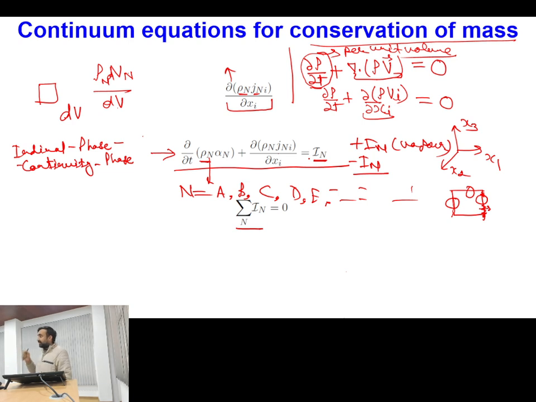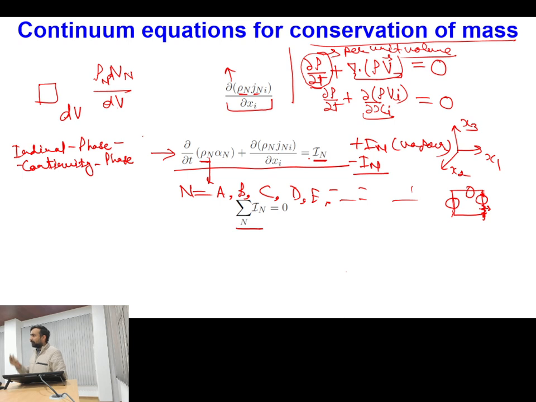Then in that case, this term will be of equal magnitude and negative for the other phase, because in a system of two phases, if one phase is gaining mass, then obviously the other phase must have lost the mass by the same amount.